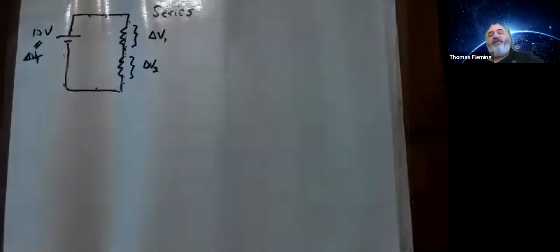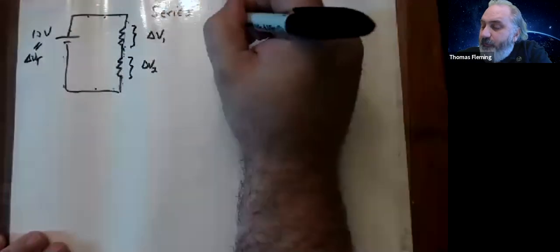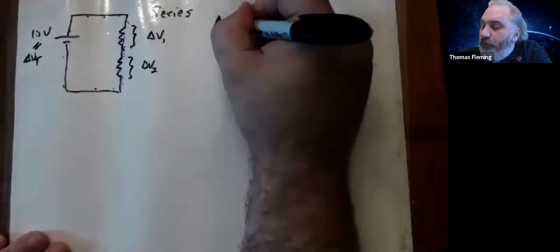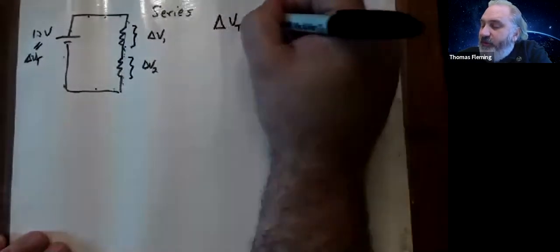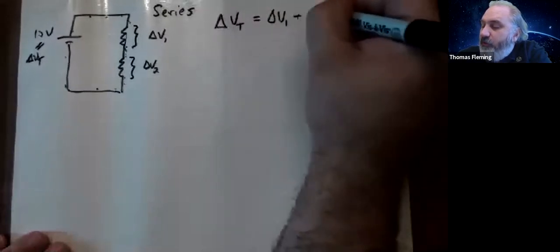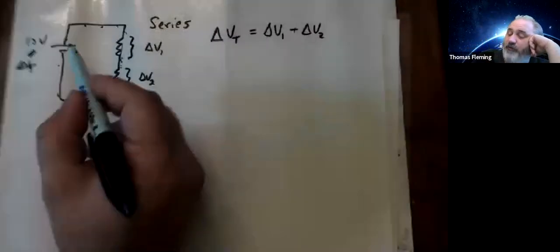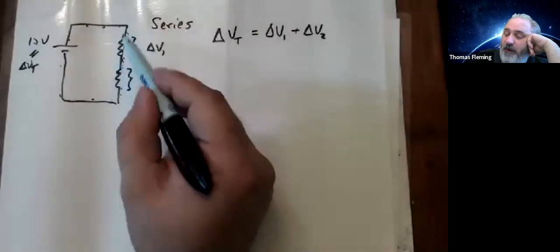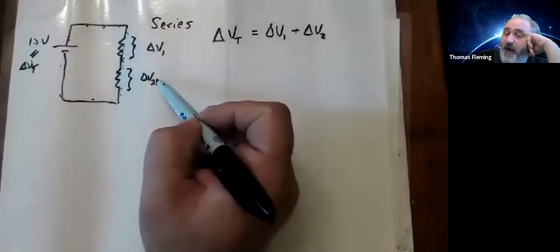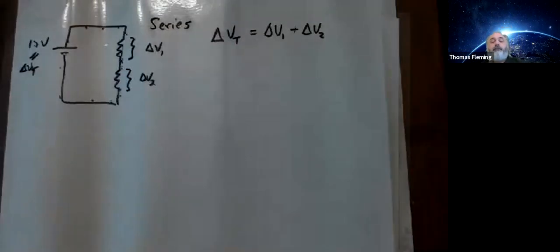So that relationship allows me to conclude that for this circuit, delta V total has to be equal to delta V1 plus delta V2, right? If I started off at 12 volts and I ended up at 0 and I only dropped twice, then this drop plus this drop better, by God, add up to 12. That's a useful conclusion to draw.